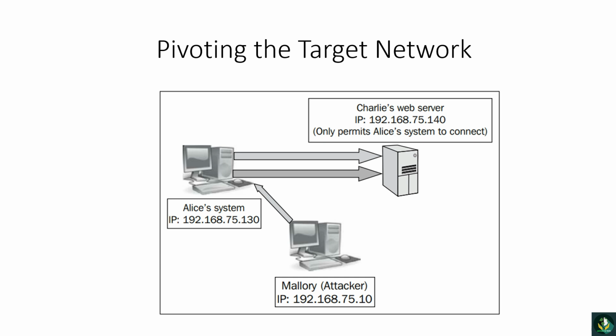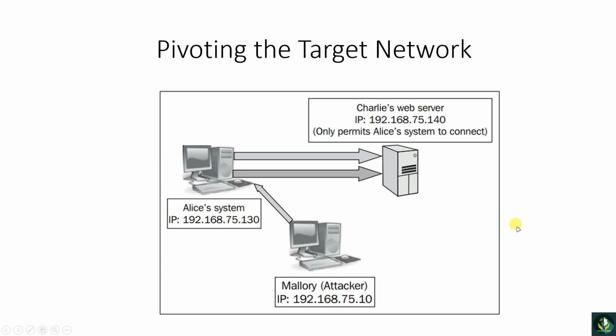Considering the diagram, we have three systems: Mallory, who is the attacker, Alice's system, and Charlie's restricted web server. The restricted web server contains a directory named restrict, but it is only accessible to Alice's system, which has the IP address 192.168.75.130.